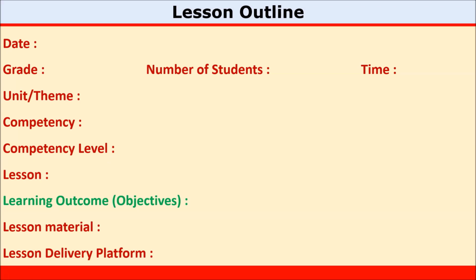Then the competency means that in this lesson, the student is going to understand all kinds of animals. At the end of the lesson, the student understands all kinds of animals. But in this period, the student will only identify home animals and zoo animals. They are not going to understand wild animals. That way you write down the competency level also.